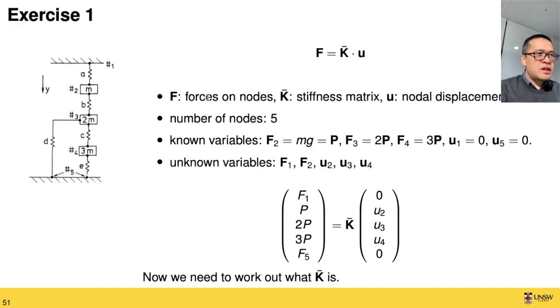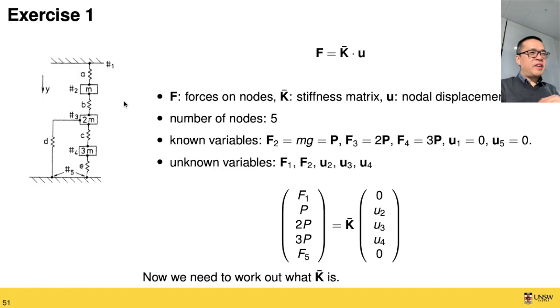So F is forces on the nodes, K bar is the stiffness matrix, U is the nodal displacement. We know that there are 5 nodes because there are 5 hash keys on this diagram.